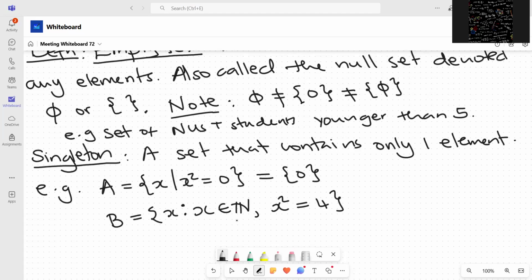But there is a condition here that x must be a natural number. So of the two solutions, only 2 fits this criteria. This set contains only the number 2, and therefore it is a singleton.